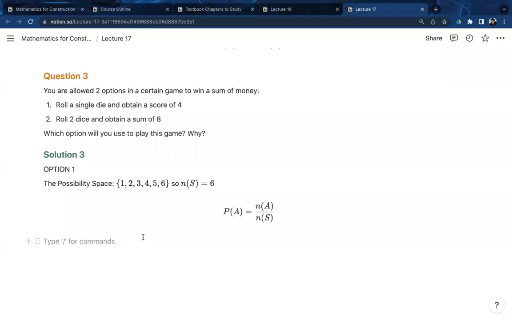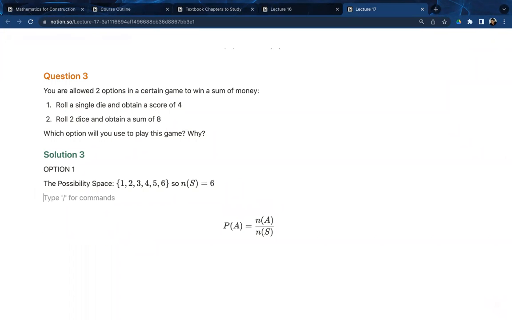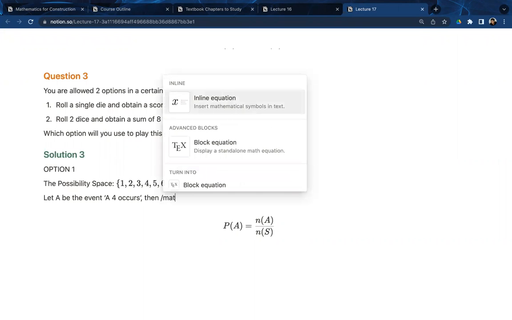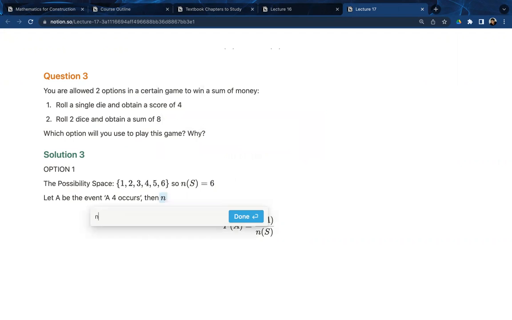So I could say here, let A be the event that a 4 occurs, then n(A), the number of times it could get a 4, is 1, right?